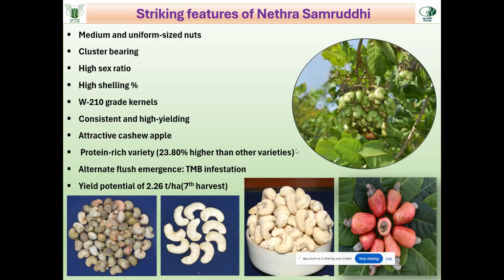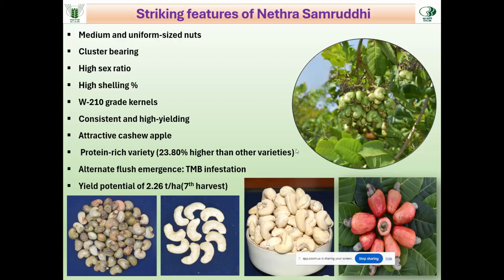But this variety is unique because when it gets infected, fruit bud differentiation, flower bud differentiation, as well as vegetative bud differentiation will happen in this variety. This is one of the unique traits, and we can expect a yield potential of up to 2.26 tons per hectare at the 7th harvest.